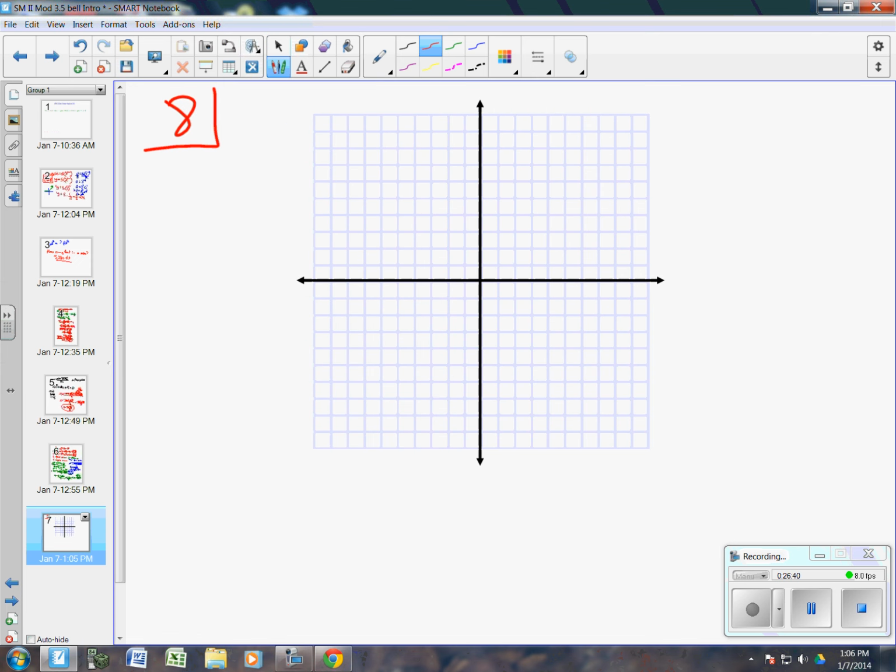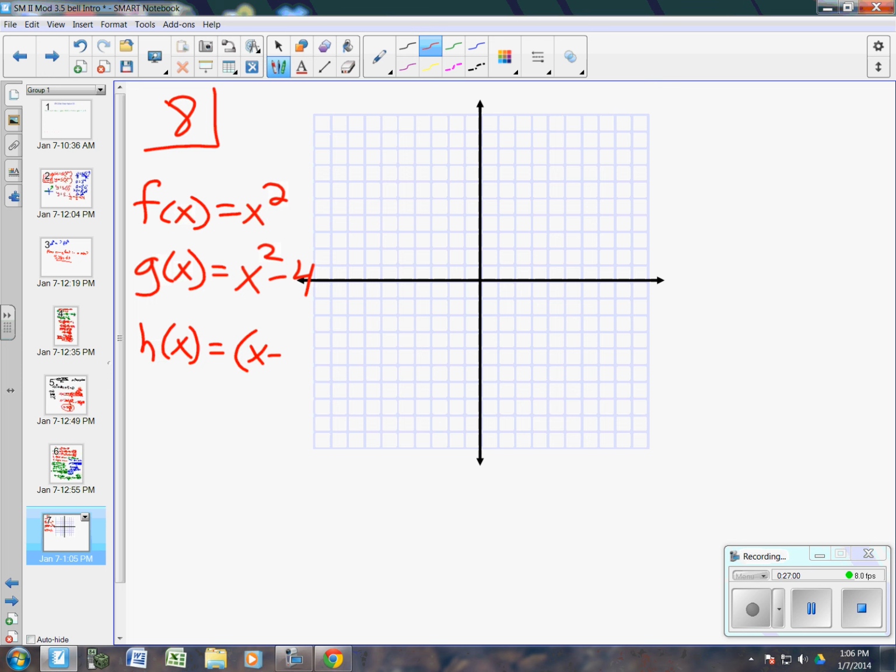It gives me f of x equals x squared, right? It gives me g of x equals x squared minus 4. And it gives me h of x equals x minus 1 squared minus 4.